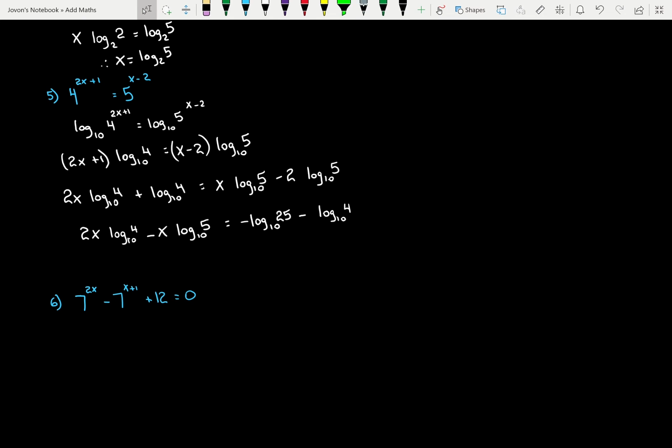So what we want to do now is make x the subject of the formula.